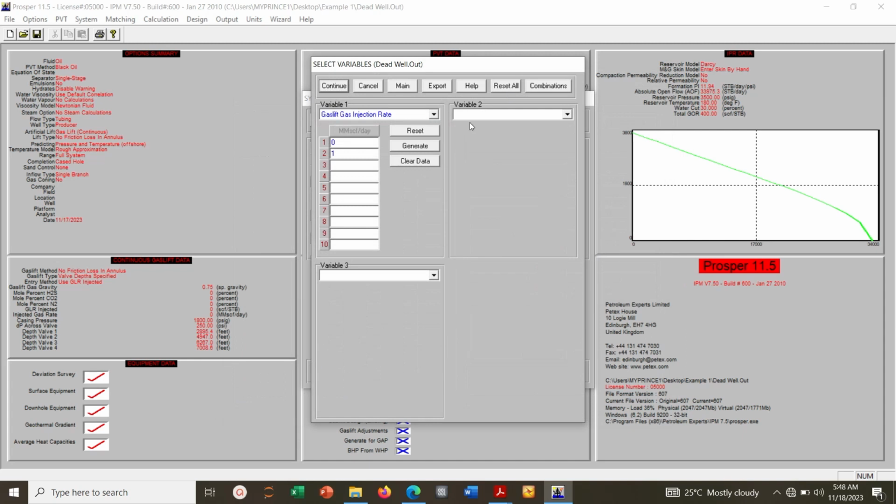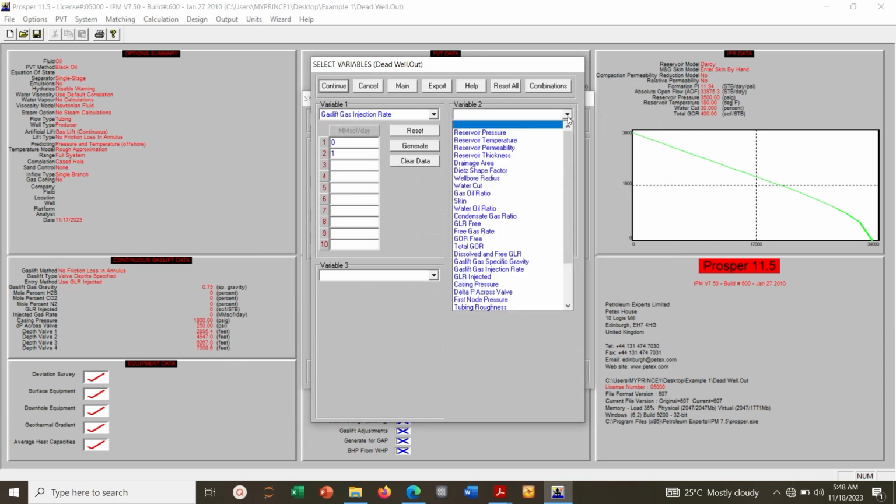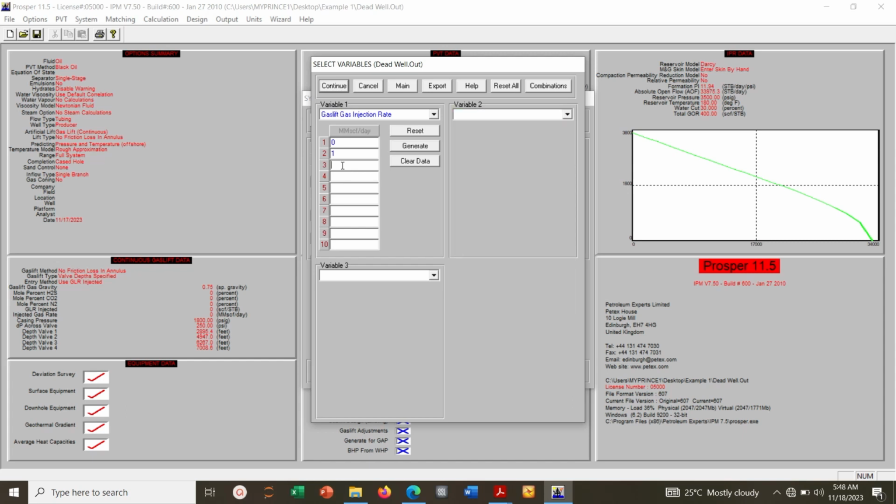Let's run a sensitivity analysis. We can equally run sensitivity analysis on different injection rates by increasing it to 2, 3, 4, 5.